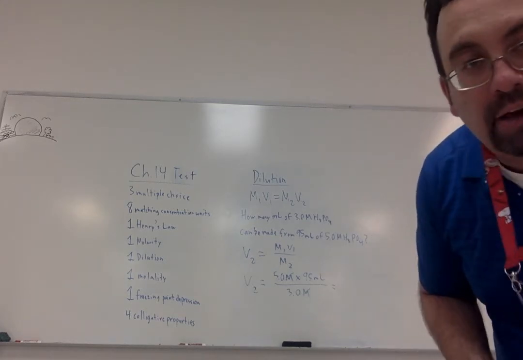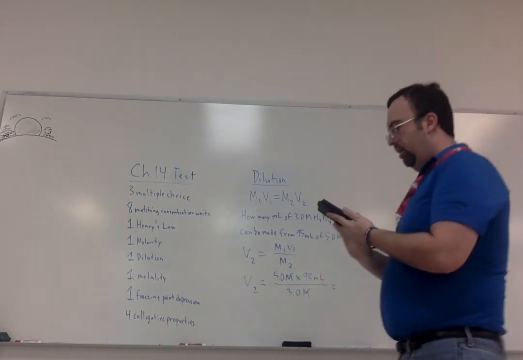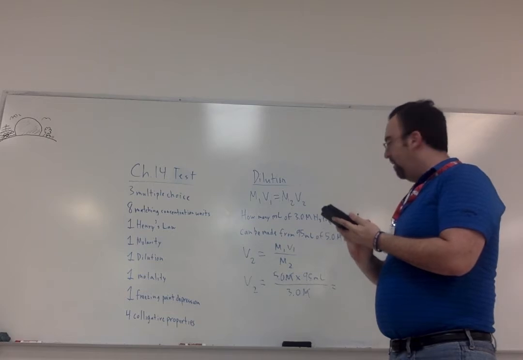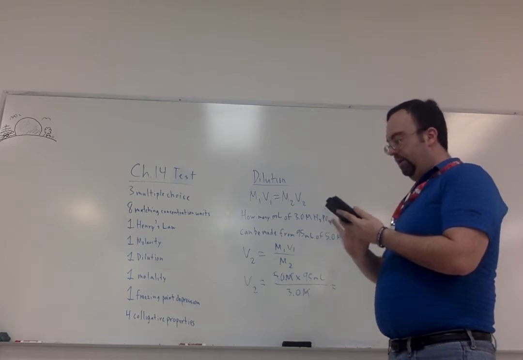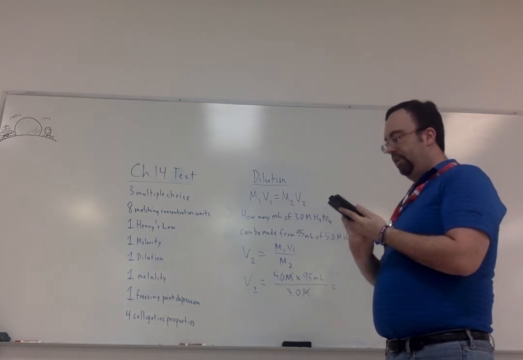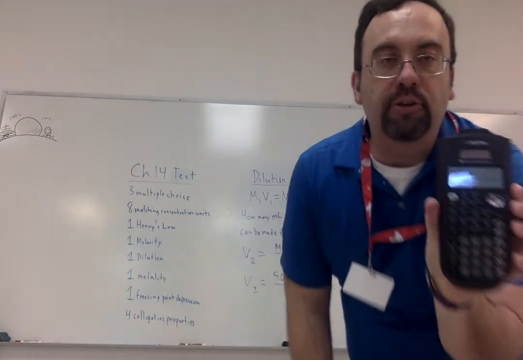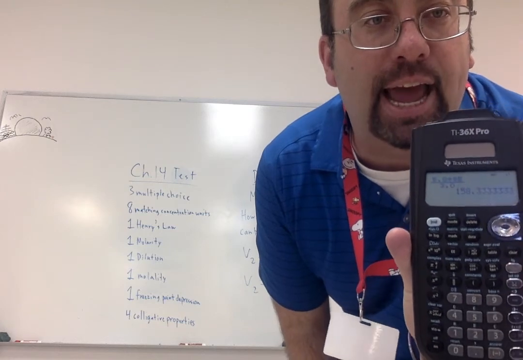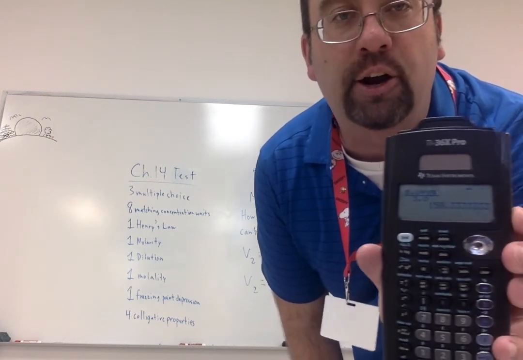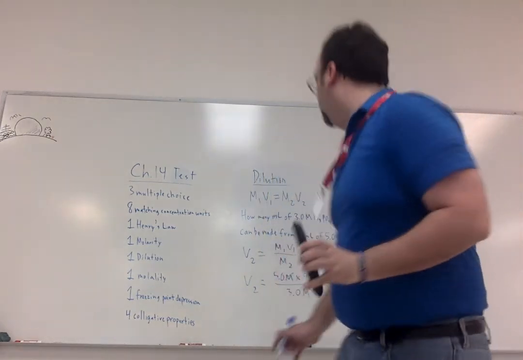And so we'll go ahead and use our calculator. We'll have 5.0 times 95 divided by 3.0. And so when I go ahead and I do this in my calculator, I see that I end up with approximately 158 milliliters. All right.